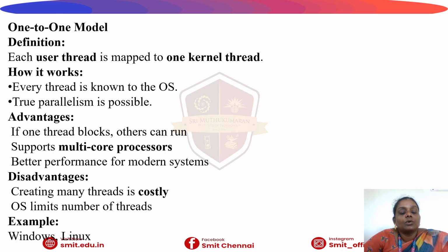Every thread is known to the operating system, so true parallelism is possible. The advantages are that if one thread blocks, others can run, it supports multi-core processors, and gives better performance. The disadvantages: it is very costly, and the operating system limits the number of threads. Examples are Windows and Linux.